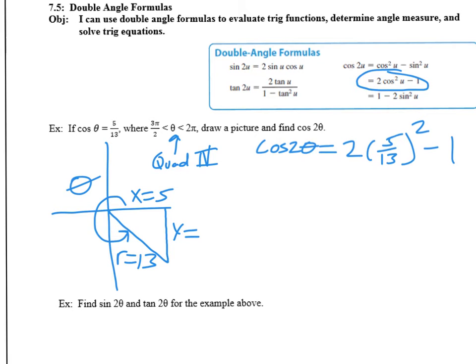Which I can throw right over here. Just doing the Pythagorean theorem to get y. Y squared is 169. We've got to be a little bit tricky here. So we take the square root plus or minus. Could be plus, could be minus.